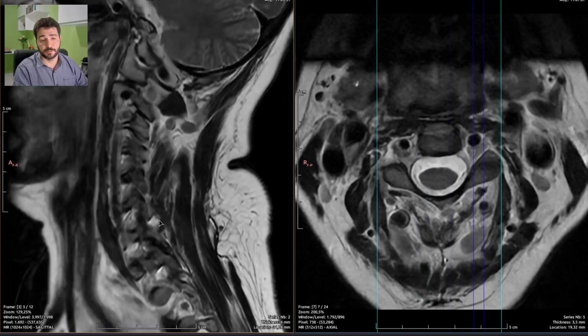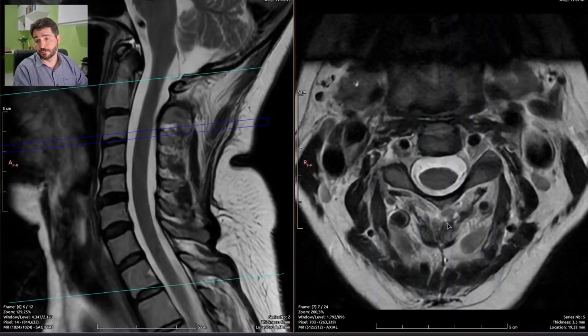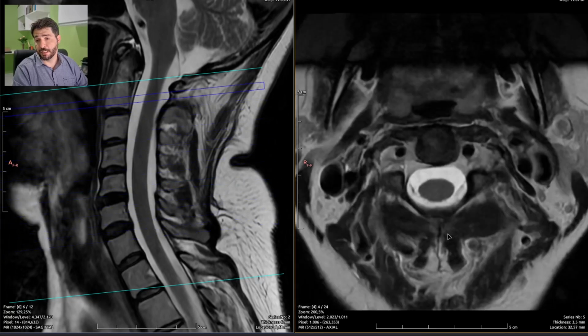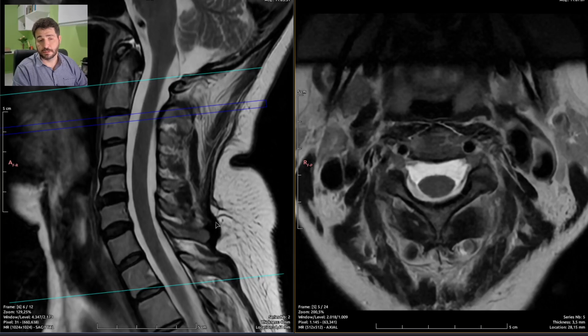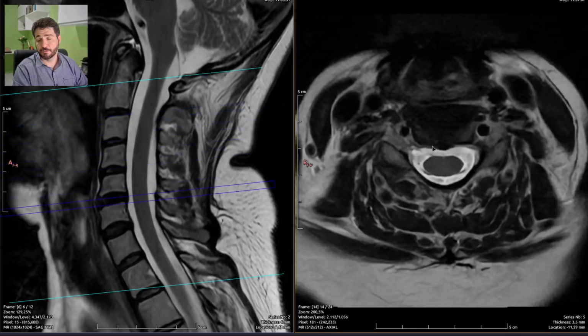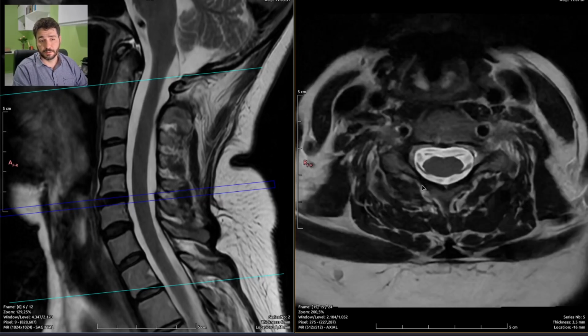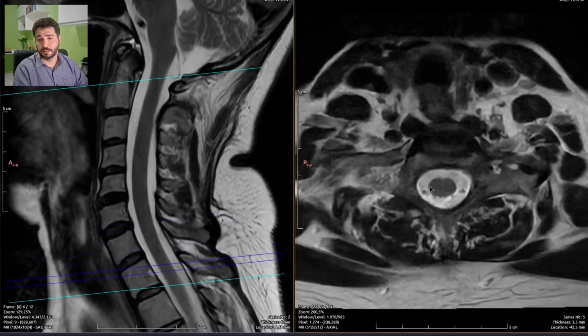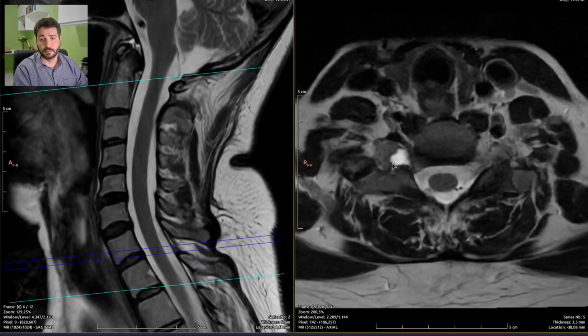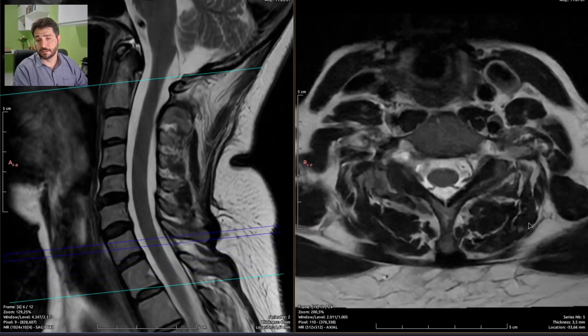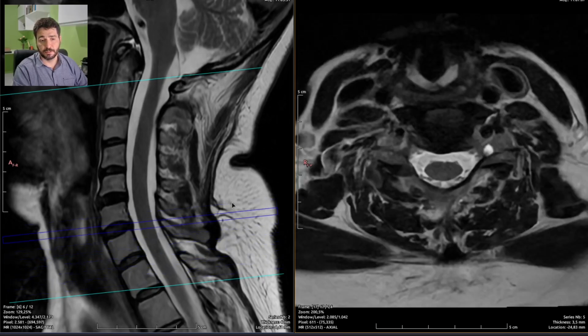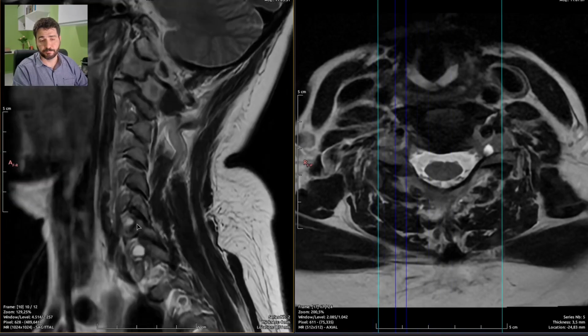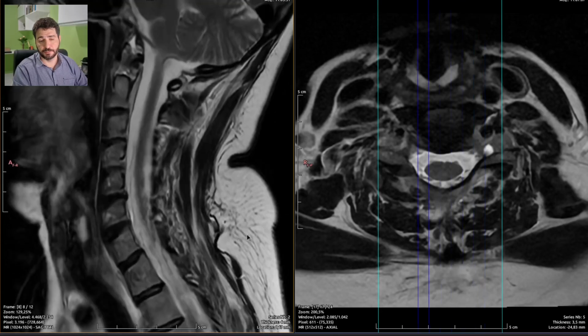So we have two bulging discs on the two lowermost segments of the cervical spine, which cause a mild deformity of the anterior margin surface of the dural sac, which is really nothing, and we have these small meningeal cysts up to 0.7 centimeters in diameter on the transitional region from cervical to dorsal spine.